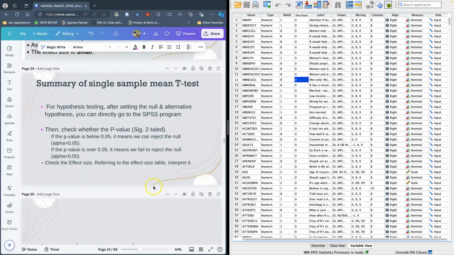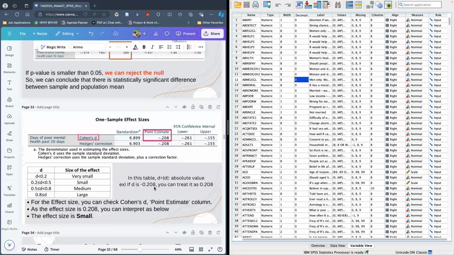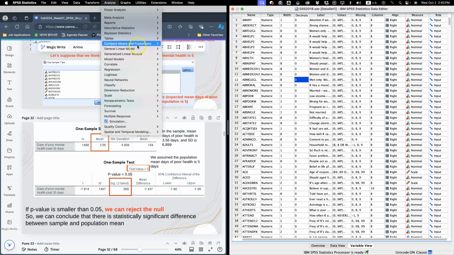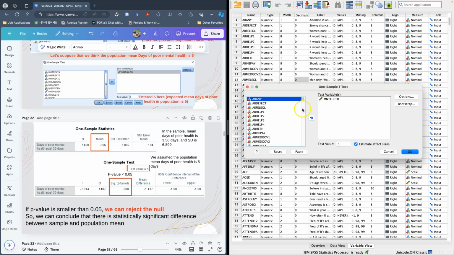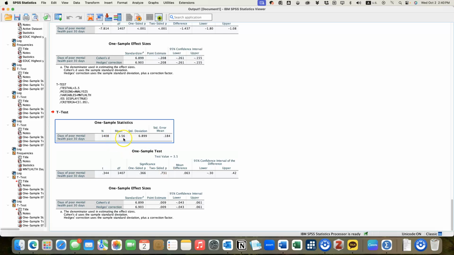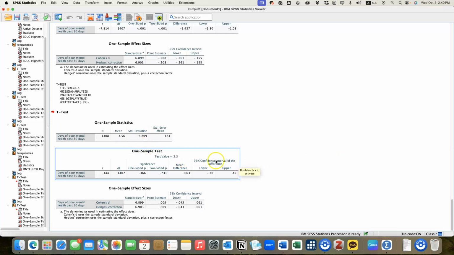All right. If you put a different number, maybe you'll find a different answer. For example, analyze. All right. So let's put 3.5 as the mean was 3.56. Let's compare that. All right, so 3.56 as a sample mean days of the poor mental health, and assuming 3.5 days of the average days of the poor mental health, and the two-tail test is over 0.05.